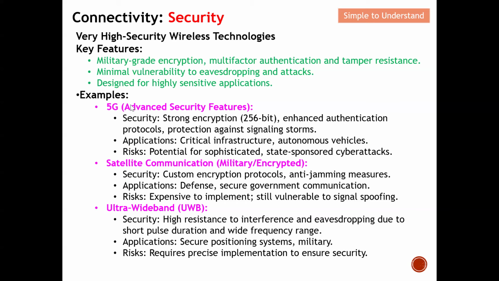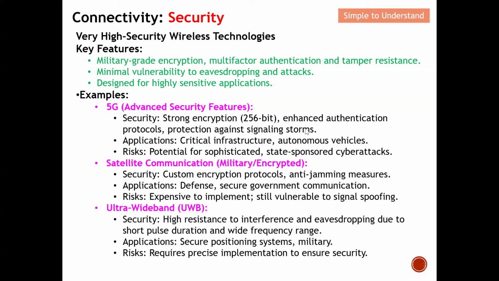For example, for 5G, we have this advanced security feature. They have a strong encryption, and they also have this enhanced authentication protocol that actually protects against signaling storm. As for application, they have critical infrastructure and autonomous vehicle.